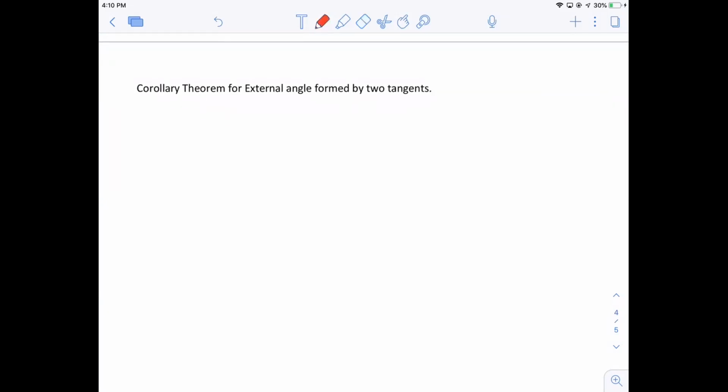And let's see if we can get there just by taking a look at a couple of problems.